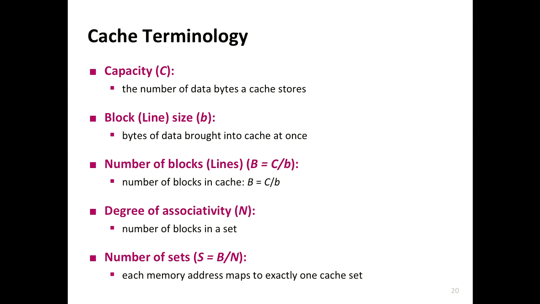Then you have something called a block, which is how much data you bring into the cache in one load. In one load you bring in a set of data, like bytes of data, but your cache can hold a number of blocks. So you have a number of blocks, which are also called lines.